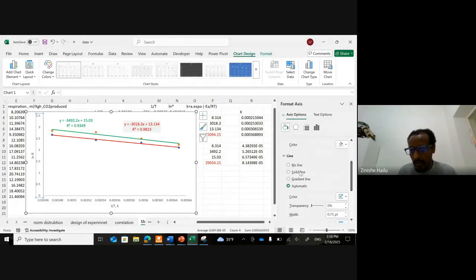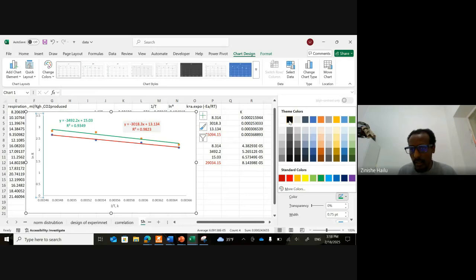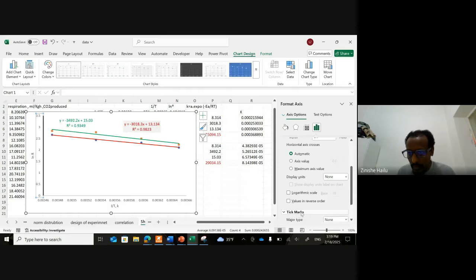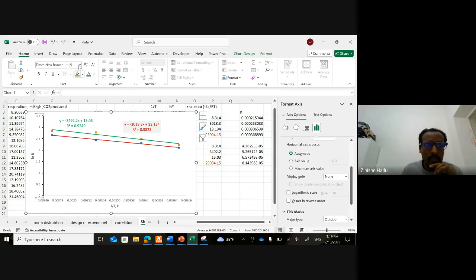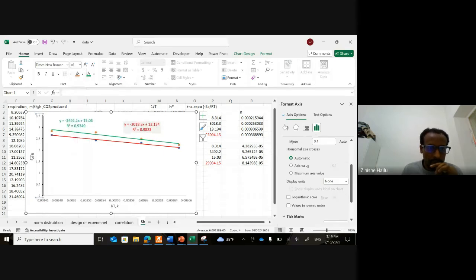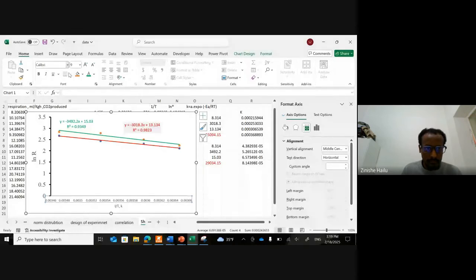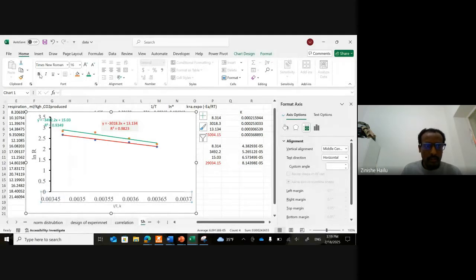I have to go to the line, the solid line, and then black, and the width should be 1.575, that is enough, and then the ticks for the outside, and then the font, and you can do this also similarly.